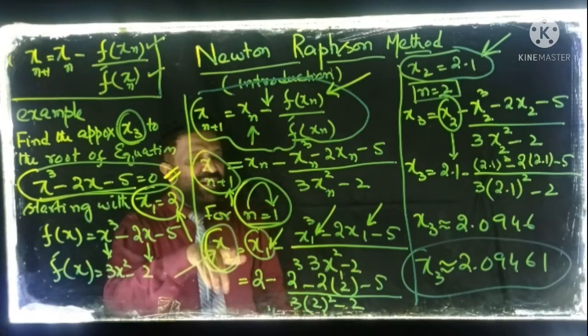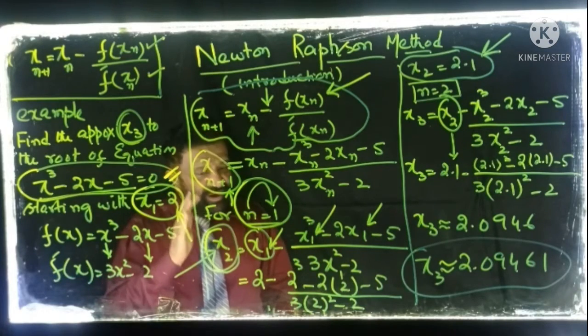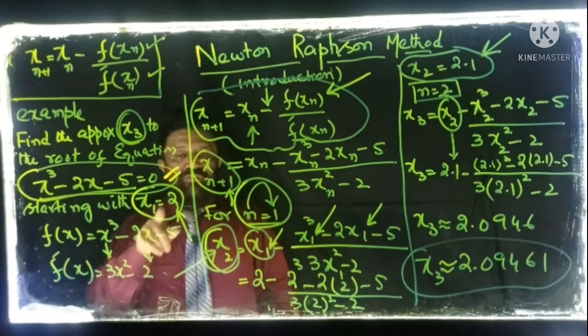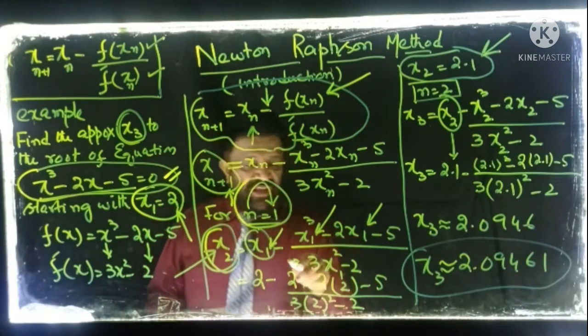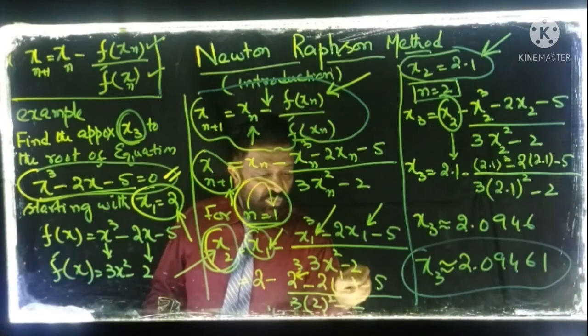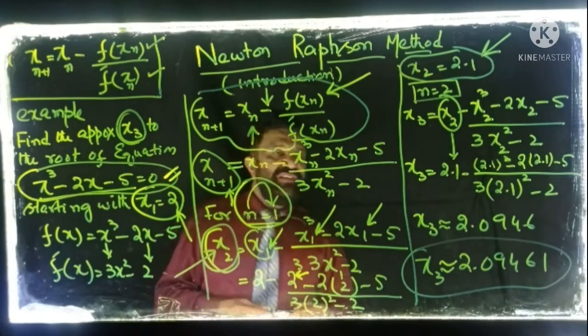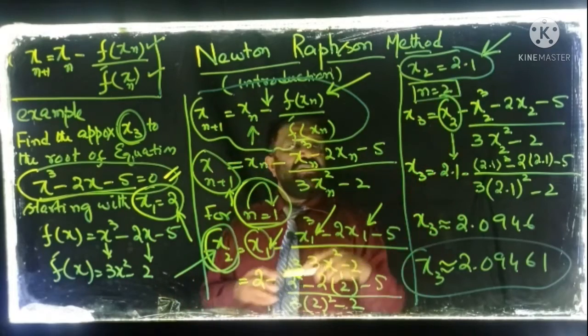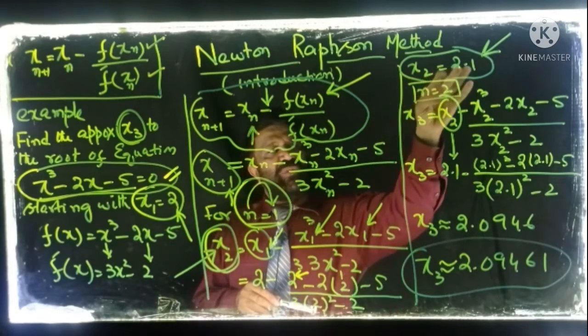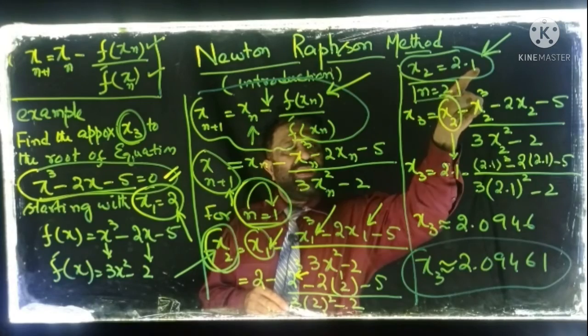So where x1 is written I write 2, and once I simplified, I got that the value of x2 is 2.1.